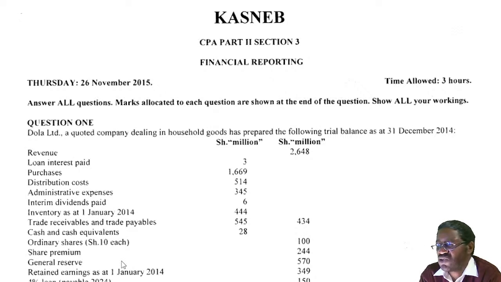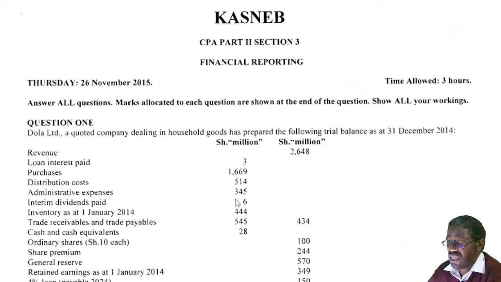In that trial balance, you are given the revenue, interest, purchases, distribution cost, administrative expenses, interim dividends paid, inventory as at 1st of January 2014, trade receivables and trade payables. Then you are given cash and cash equivalent, ordinary shares, share premium, general reserve, and the retained earnings. Let me roll the question.